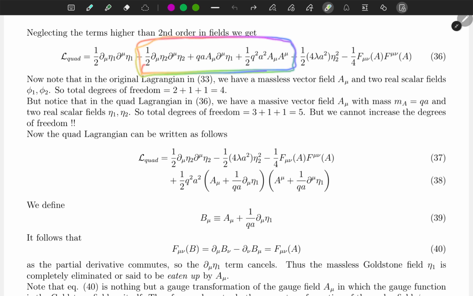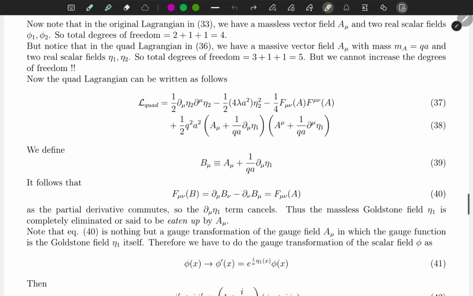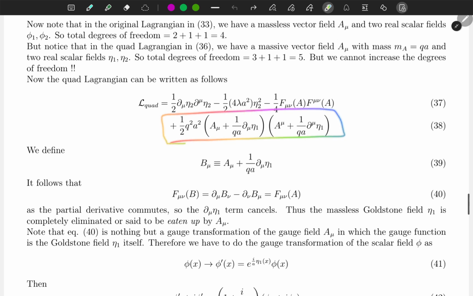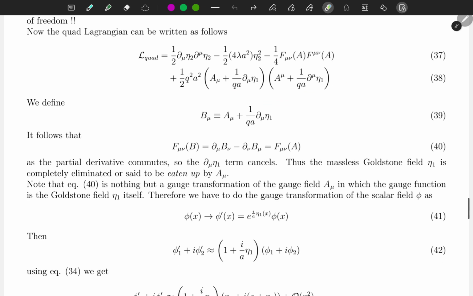You have to do some algebra, and you can write these 3 terms like this as a factor. Now what you do, you define a new gauge field. This is one of the very important things. You define a modified gauge field, not new. You modify the mu field by the Goldstone field. So this is the important thing.